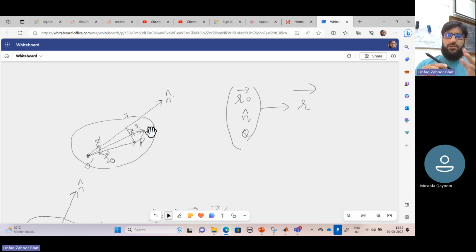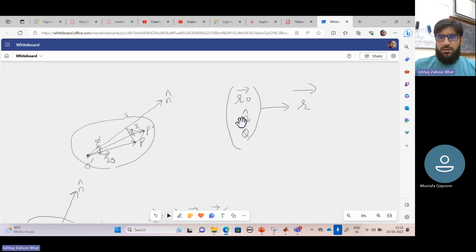If I rotate it about some axis, say this is my n cap, this arrow will be shifted to a new direction. So now this arrow represents a new vector, and I will call that vector r. So initially we have this r naught vector, and I rotated it about this n axis, and we got the r vector, which is another vector, a rotated version of r naught.